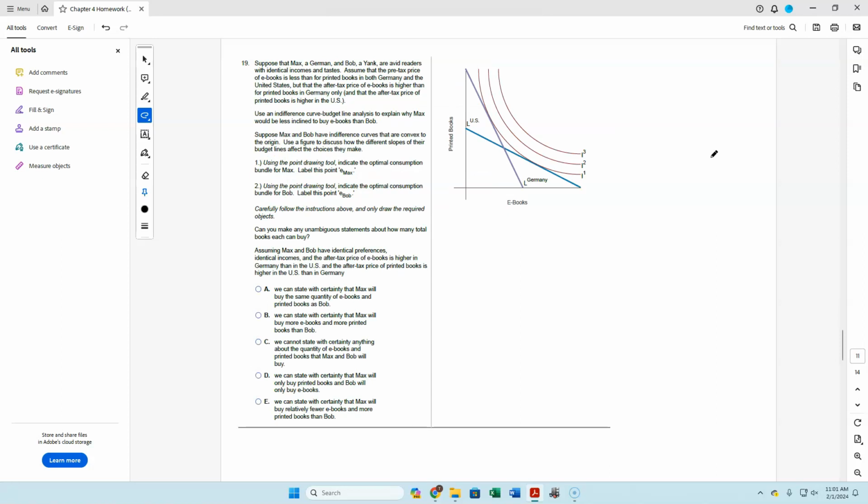And in number 19 here, Max, a German, and Bob, an American, are avid readers with identical income and tastes.